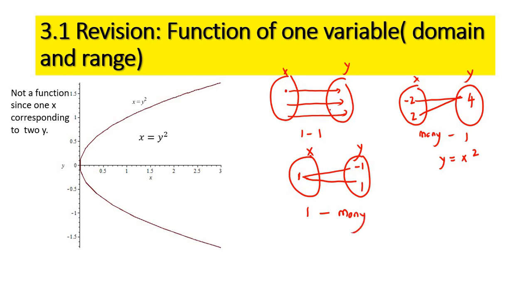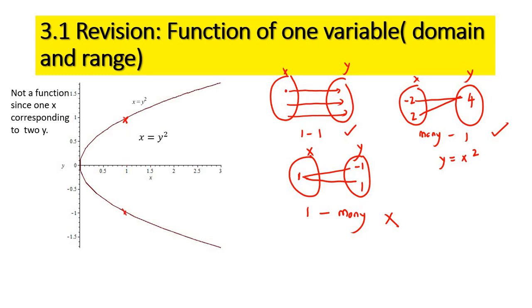For function, must be one-to-one or many-to-one. If one-to-many, this is not function. So that's why x equal y squared is not function, because you have one x value mapped to 2 y values.